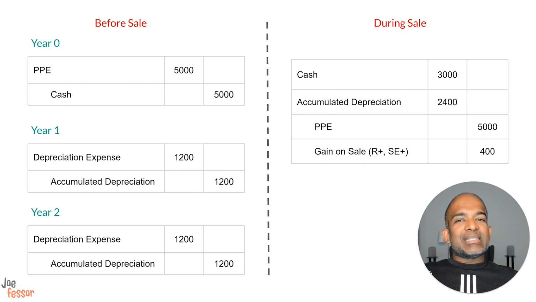Because the book value of the asset was only $2,600, but Joe received cash of $3,000 while selling this asset, he actually made a gain as per his books. So this gain is recorded as a credit in order to balance the overall journal entry. If Joe had realized a loss on sale of this asset, he would have to record this loss on the debit side of the transaction.